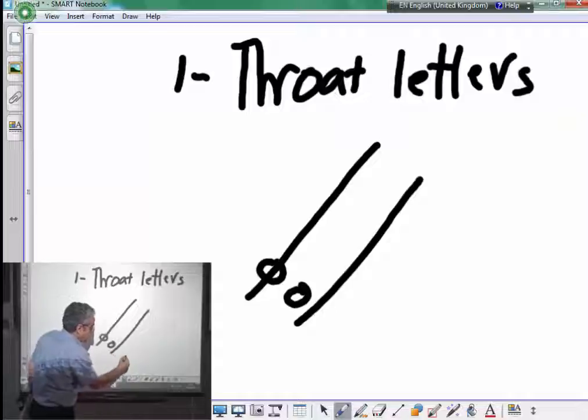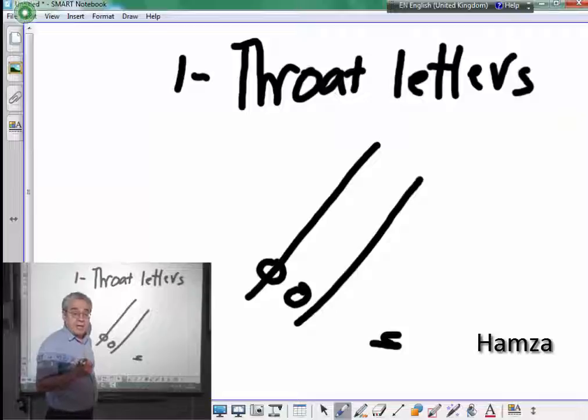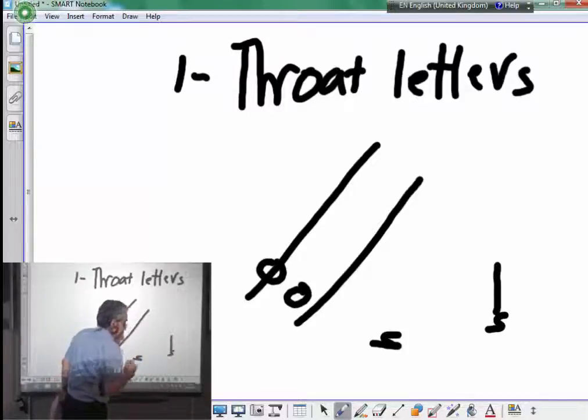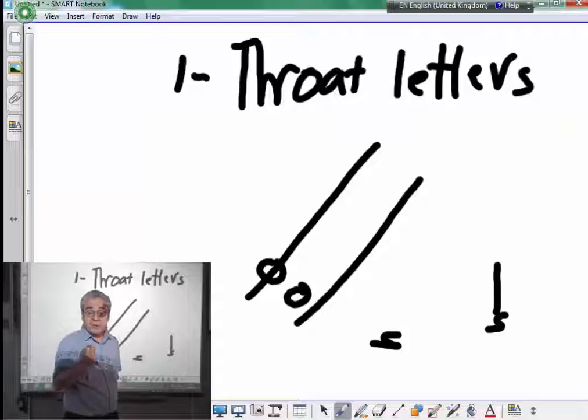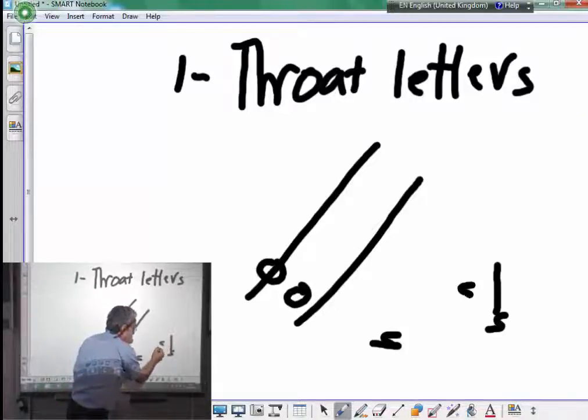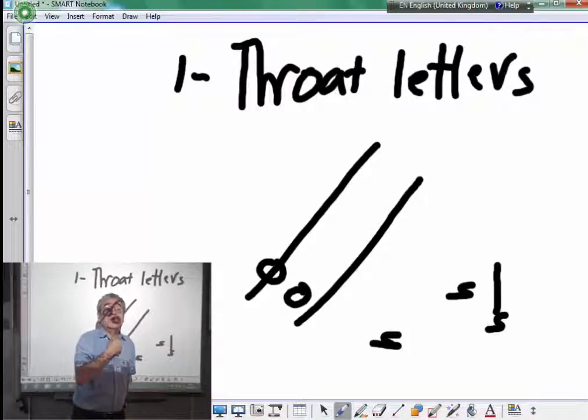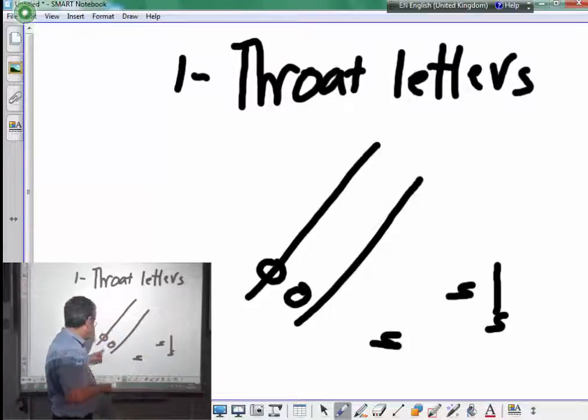The first one, maybe you remember, is the hamza. Usually I will use this to make sure that I pronounce it correctly. So the hamza is emitted from the lower part of the throat.